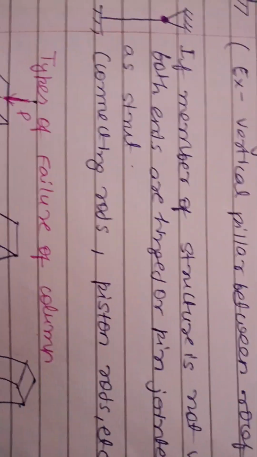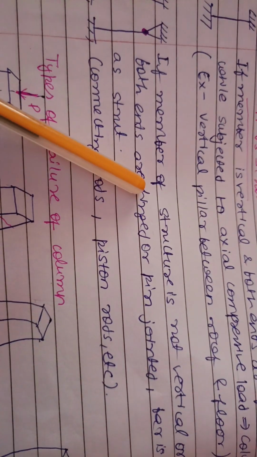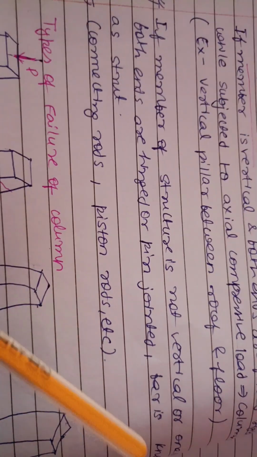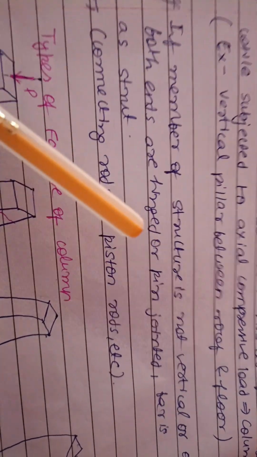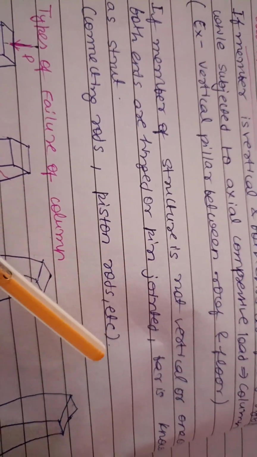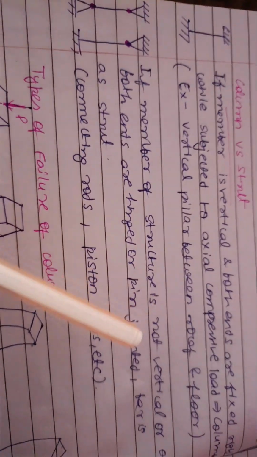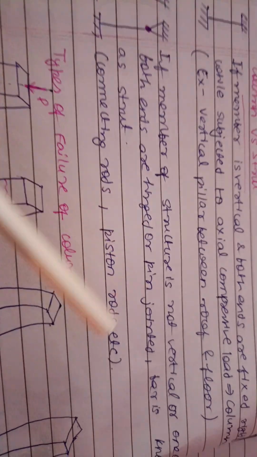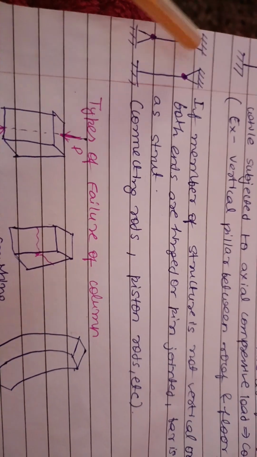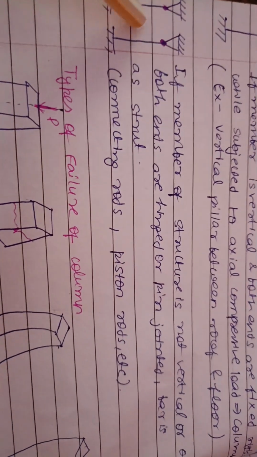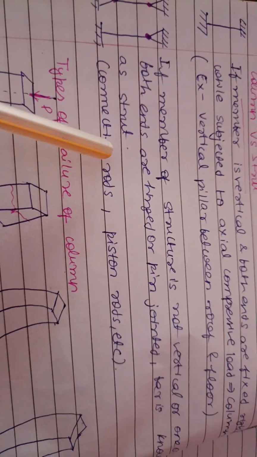Now let us see the strut definition. If a member of a structure is not vertical, or one or both ends are hinged or pin jointed, the bar is known as a strut. Means if a structure is not vertical, or one or both ends are hinged or pin jointed, then it is known as a strut.